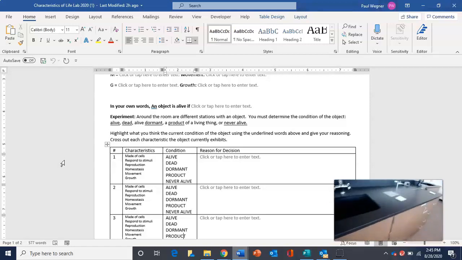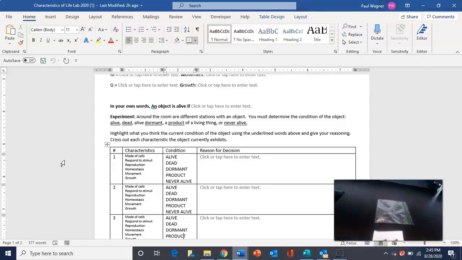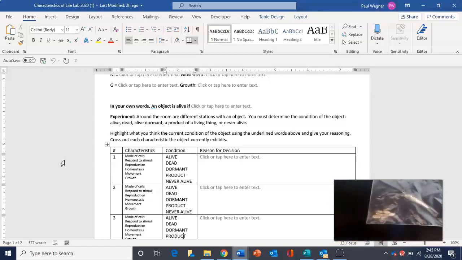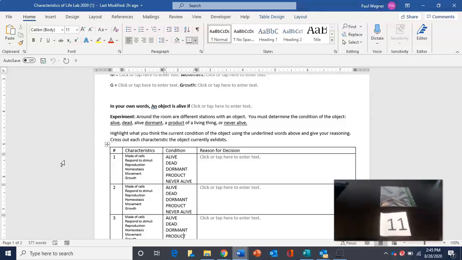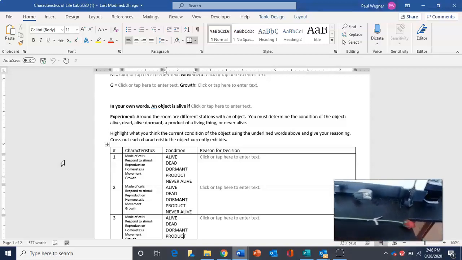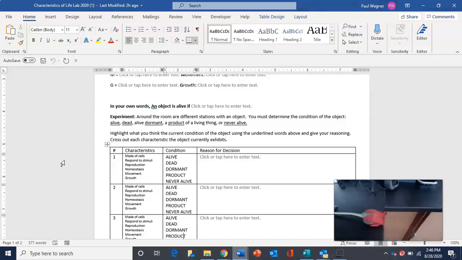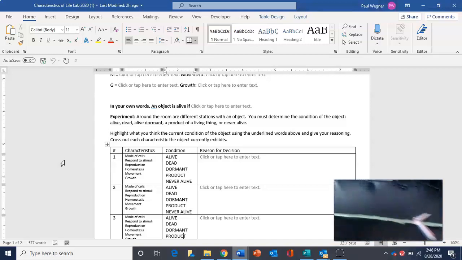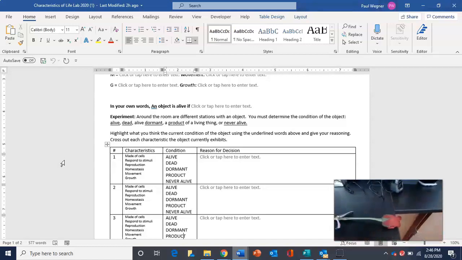That's number 10. Number 11. Number 11 looks like it's some seeds. Number 11 is seeds. And finally, number 12. Number 12 looks like a rose.